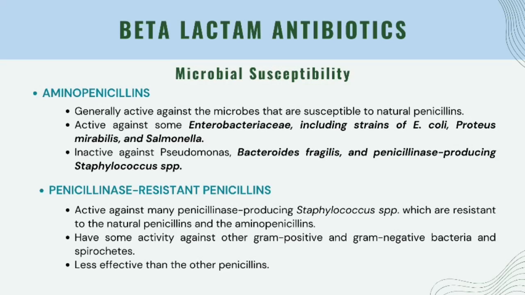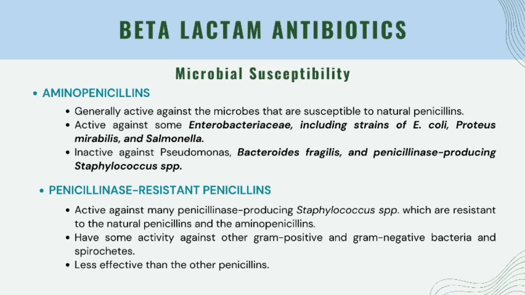Aminopenicillins are generally active against the microbes that are susceptible to natural penicillins. They are also active against some Enterobacteriaceae, including strains of E. coli, Proteus mirabilis, and Salmonella. However, they are inactive against Pseudomonas, Bacteroides fragilis, and penicillinase-producing Staphylococcus species. The penicillinase-resistant penicillins are active against many penicillinase-producing Staphylococcus species, which are resistant to the natural penicillins and the aminopenicillins.